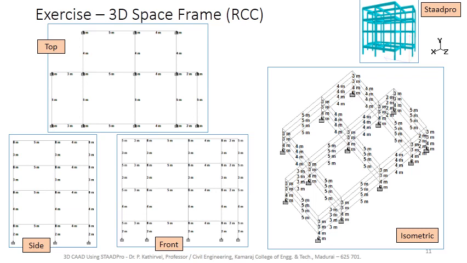So all the dimensions of the members are visible here. The top view shows 4 bays in the front side and only 2 bays in the back side. The modeling in the software can be done by any means.